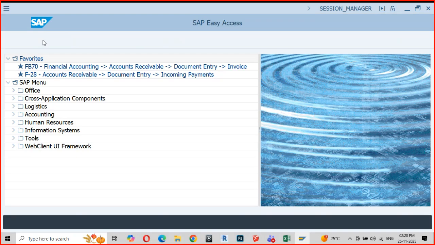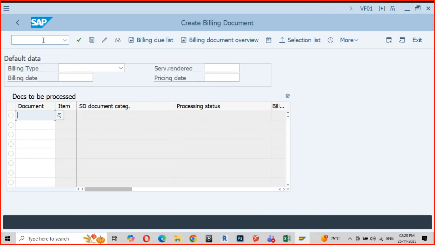VF01. This is your billing. Yeah, I think we saw this before lunch. This is your billing document. So once this is released to accounting, then and only then the SAP system or the finance department will know that there is a collection pending. Yeah.